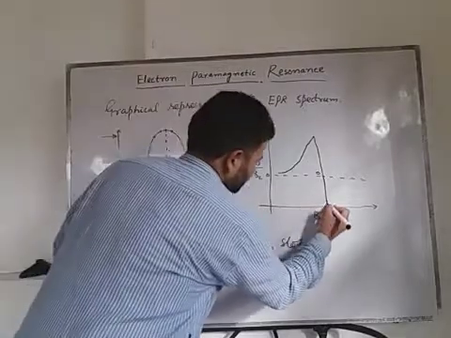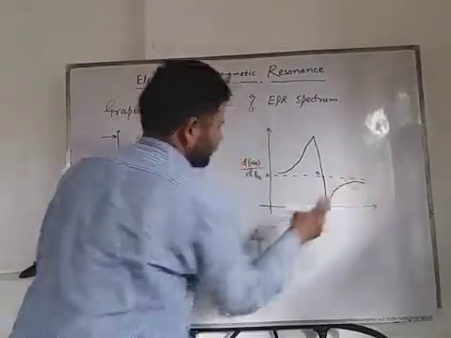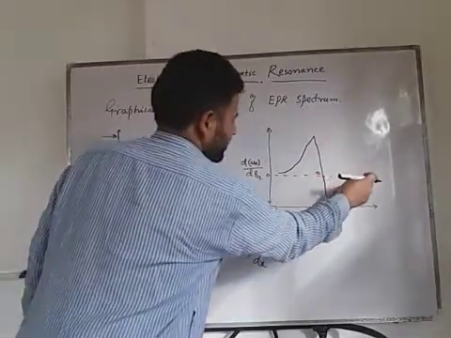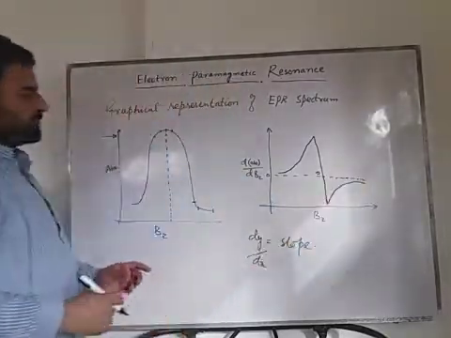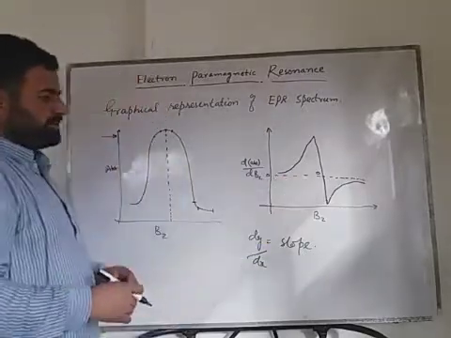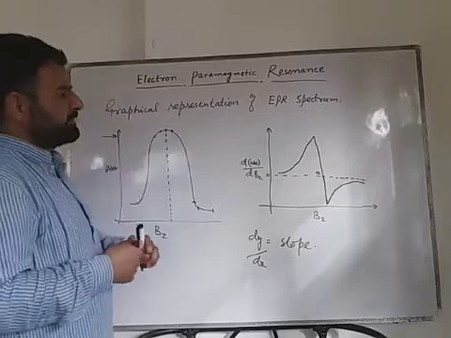So it is decreasing and ultimately it will touch zero. If the slope reaches zero, it will touch this zero line here. This is the derivative peak which we usually use in the representation of the EPR spectrum.